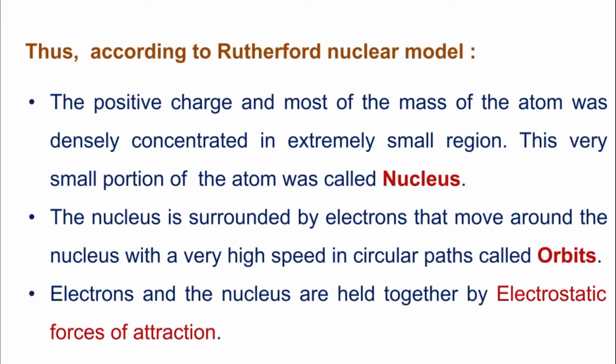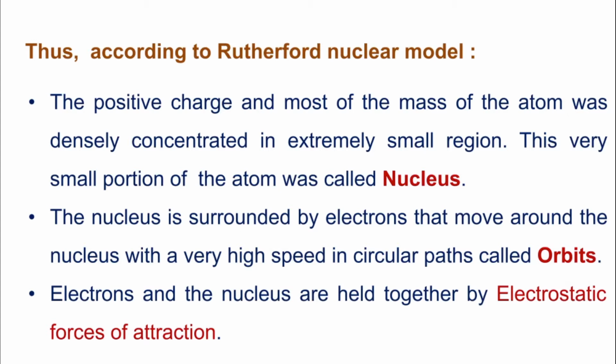The nucleus is surrounded by electrons that move around the nucleus with a very high speed in circular paths called orbits. So according to Rutherford, electrons were revolving around this small portion, our nucleus.